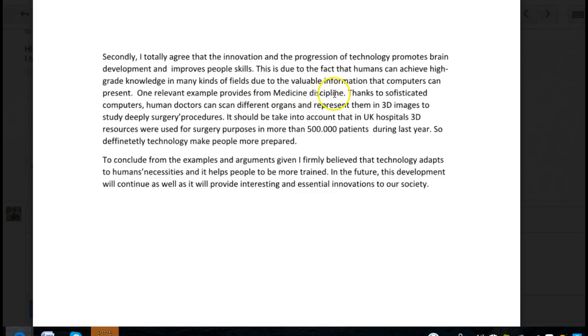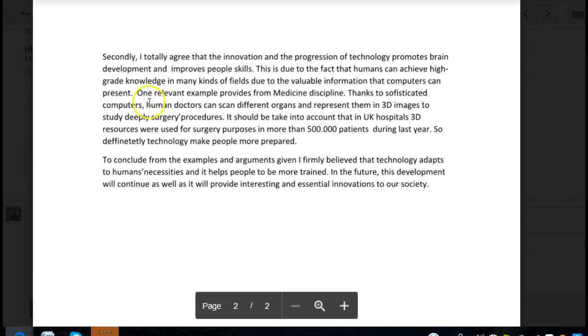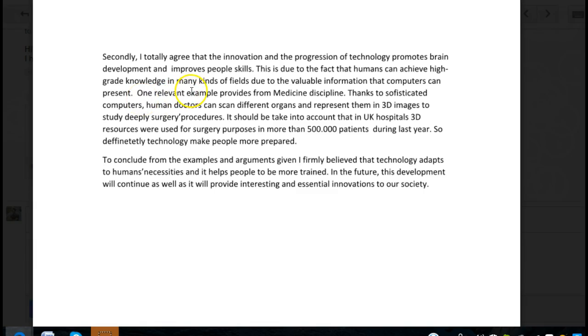Okay, here you've got a couple of word order problems. So, for example, you could have said, "One relevant example is provided from the discipline of medicine." Or you could have even simplified it more and said, "One relevant example is provided from medicine." Done. Full stop.